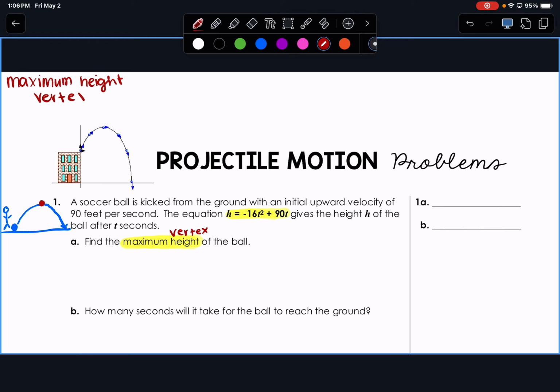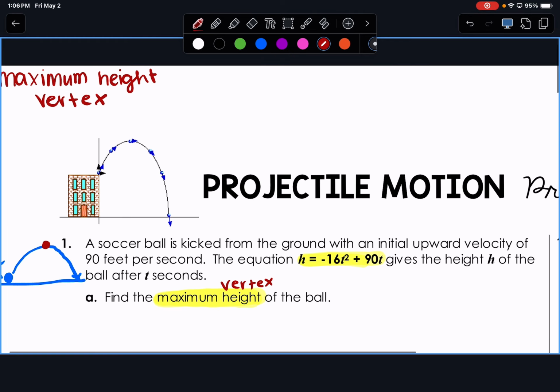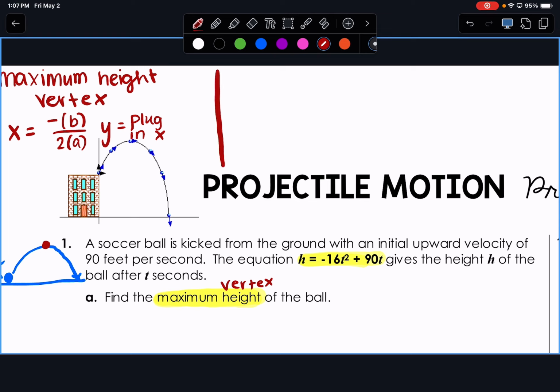To calculate the vertex, does anybody remember the formula for the x coordinate? Negative b divided by 2a. And then how did we find our y? Plug in x. If it asks us for our maximum height, that is how we do it every time with these problems.